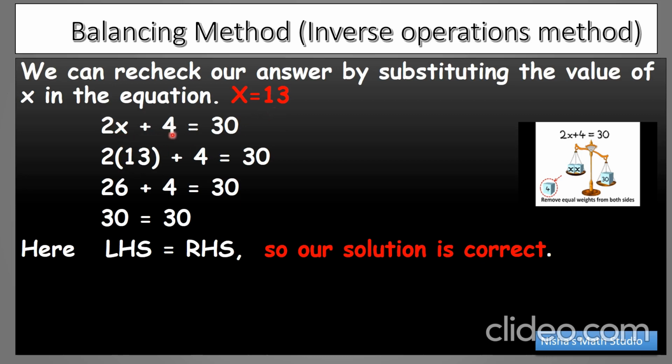So 2x plus 4 is equal to 30. 2, that is x value, I have put it here, 2(13) plus 4 is equal to 30. Bracket means multiplication. So 13 2s are 26 plus 4 is equal to 30. 26 plus 4 gives you 30. 30 is on the other side also. So left hand side is equal to right hand side. So our solution is correct.